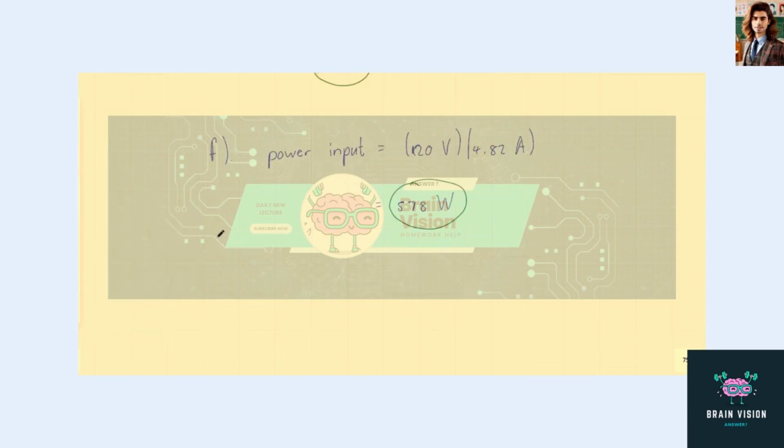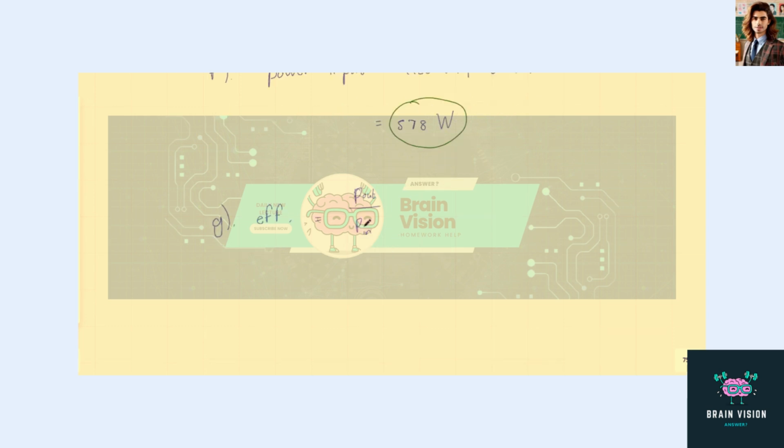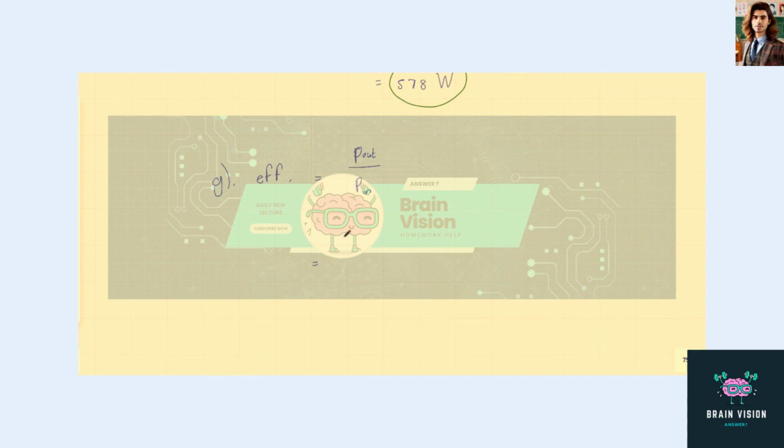And finally, we want the efficiency of this motor. So the efficiency is equal to the power output over the power input. So the power output is equal to the total power, 578, minus the power losses across the field coils and across the rotor.